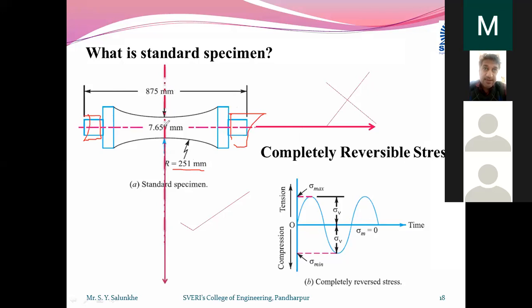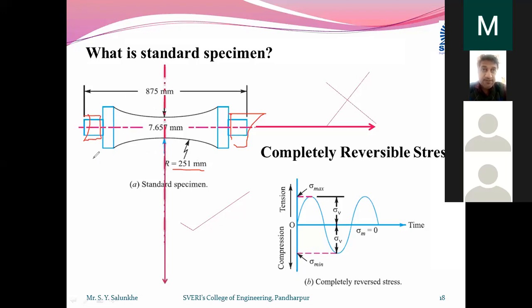Then at the exact mid, the diameter of this specimen is 7.657 millimeter, and the curvature provided to the specimen is of 251 millimeter radius. Obviously, here also that radius will be provided, and this is round in shape.